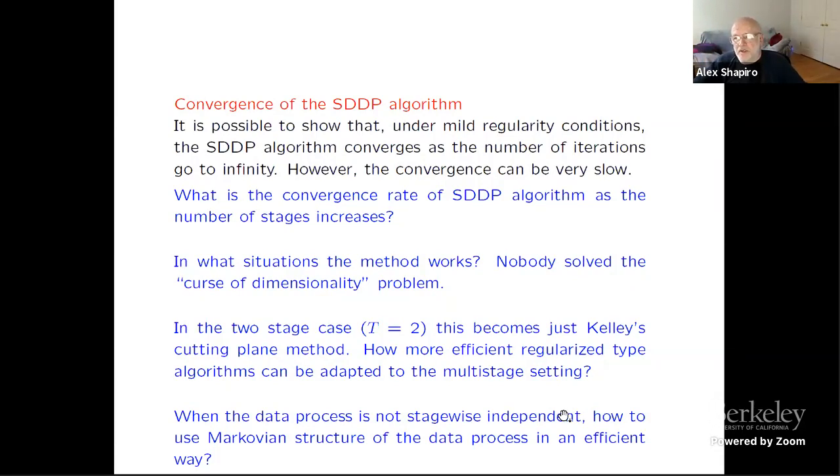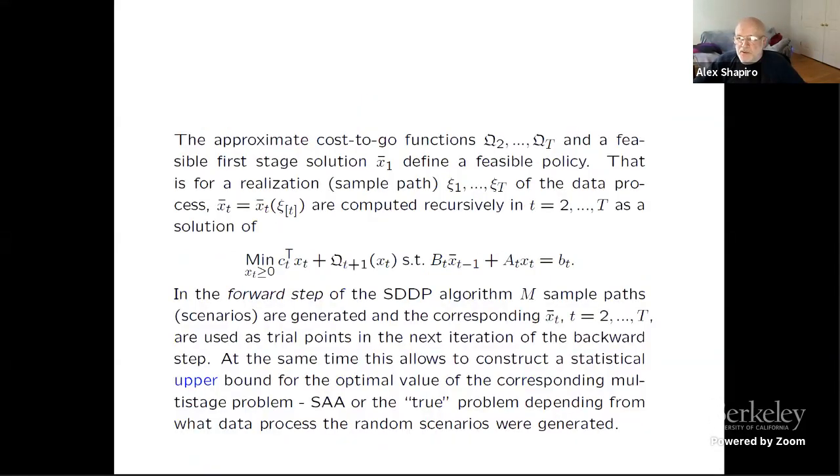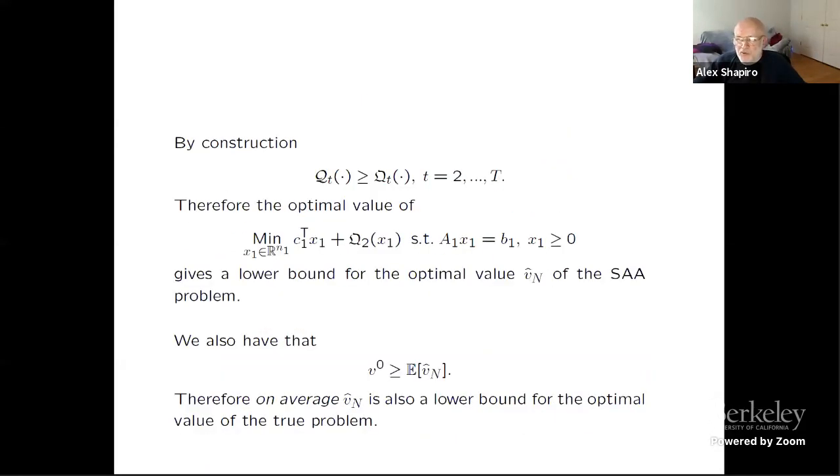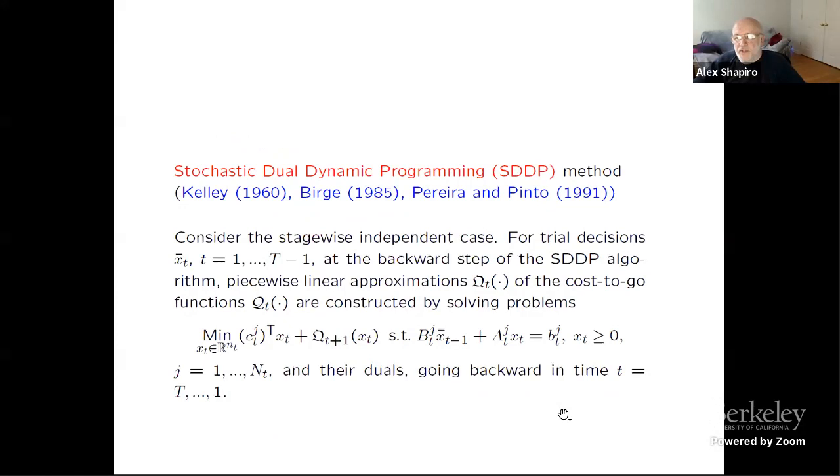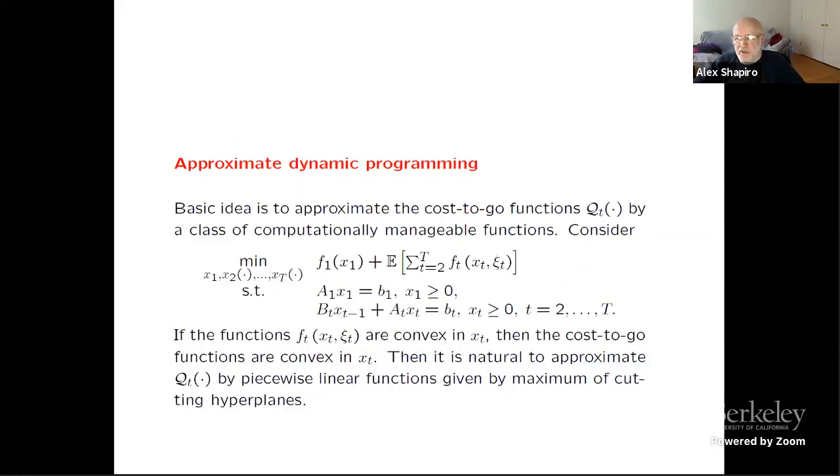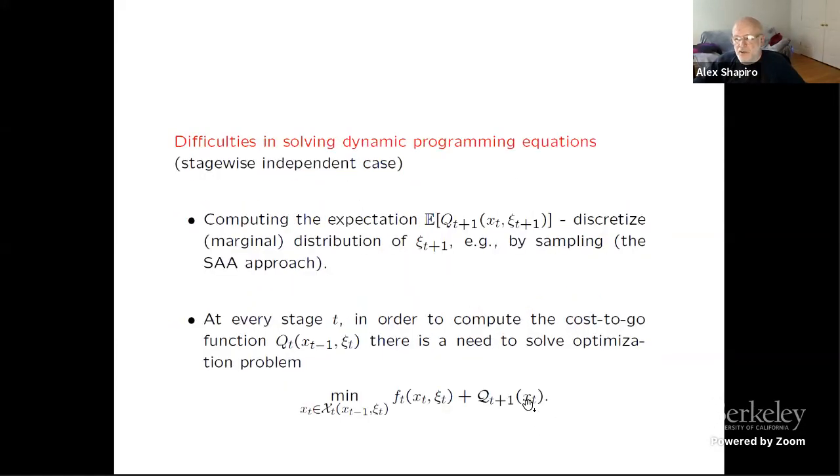So probably the possible answer to that, and it's not obvious, is that we don't need to approximate this value function uniformly everywhere. The solutions that really matter are probably either low dimensional or only in certain areas. We don't need to approximate the value function, the cost-to-go function, uniformly everywhere.